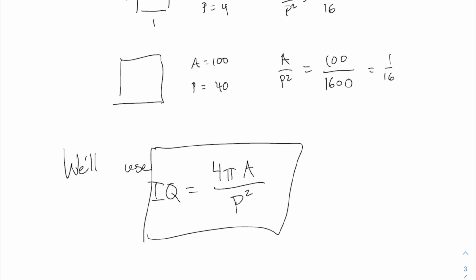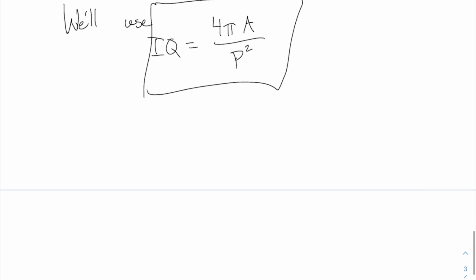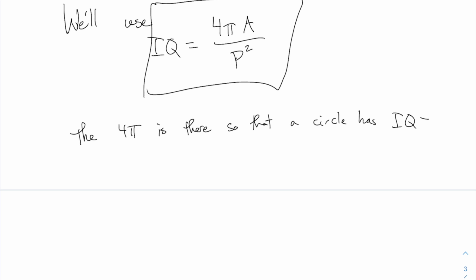What's the point of the 4 pi? The 4 pi is there so that a circle has isoperimetric quotient equal to 1.